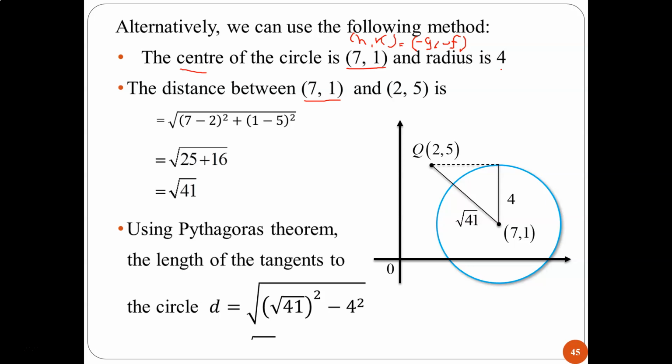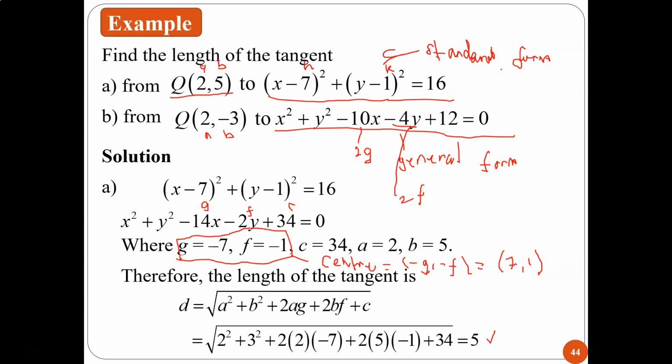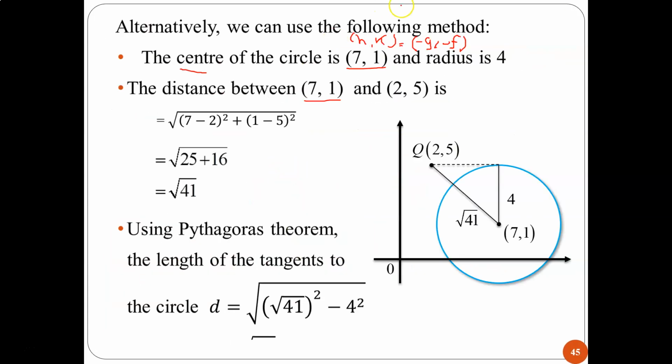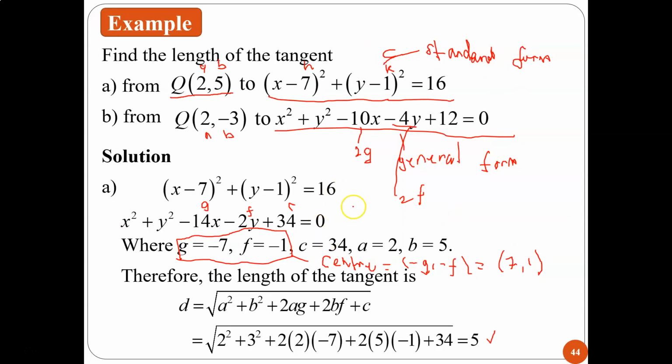How do I obtain the radius equal to 4? The radius 4 comes from here. This is actually r square. This one is r square.